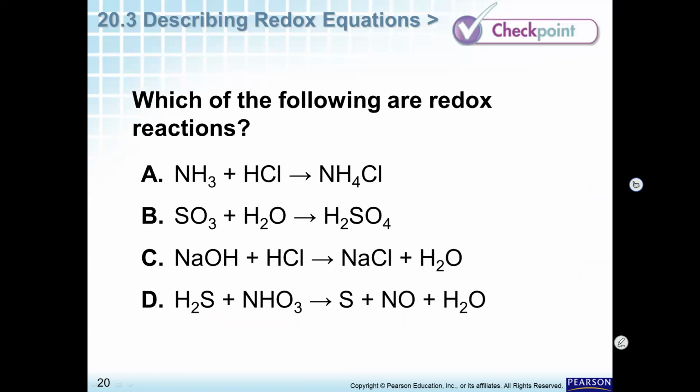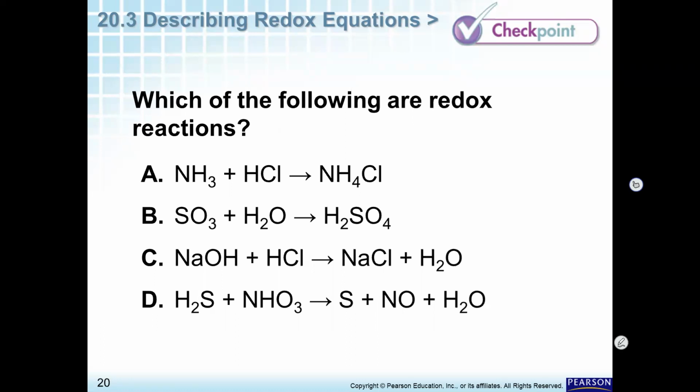Here is another question. We have 4 choices. This is a very typical question in exams, homeworks, assignments and quizzes. Which of the following are redox reactions? Is it one of them or more than one? We will see.